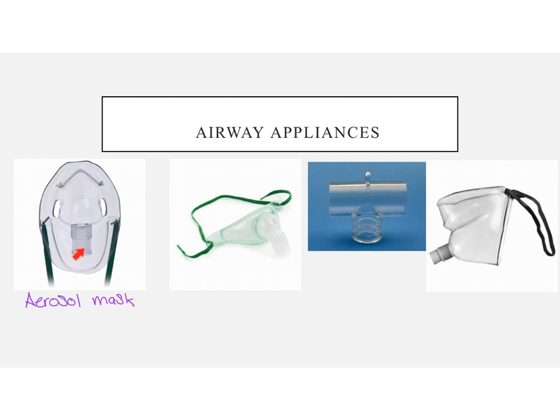So it's going to connect to that large bore tubing here, and it's got larger holes than the simple mask does. So you're going to have to be able to identify these on exams, so make sure you know what they look like. So the aerosol mask, and then we have the trach mask.